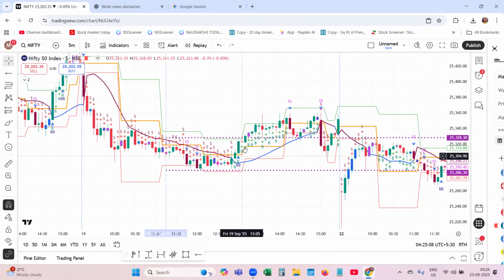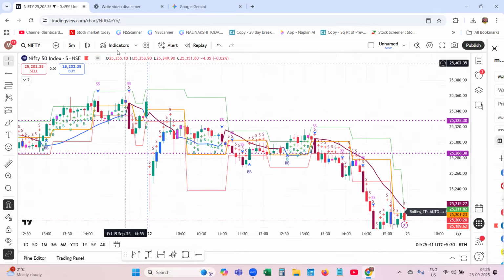Here on the third hour, you can see 12:30 here, and then it rallied up to 2 p.m., 2:10 p.m. The market moved up to 2:10 p.m. The range was 25,290 to 25,356. That is around 66 points. 66 points you could have captured in the third hour.